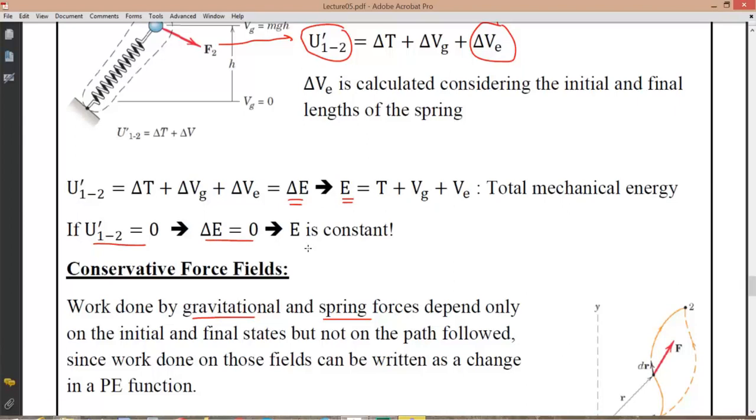So this is about conservation of energy of a particle. If there exist no non-conservative forces throughout the path of a particle, then its energy is conserved. Maybe there will be exchanges between the kinetic energy and potential energy, but then the total energy will be constant throughout the path.